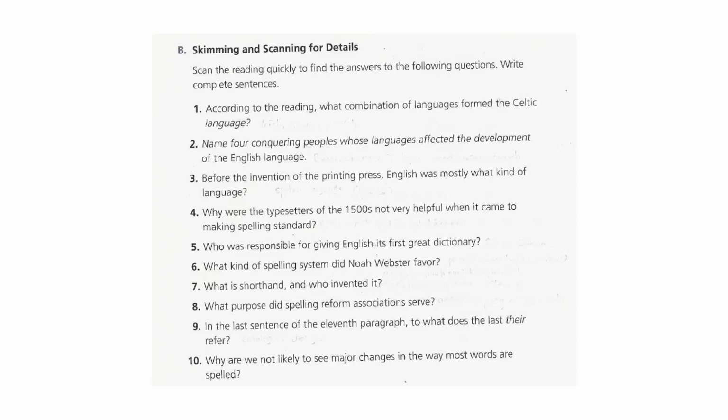So again, in the last sentence of the 11th paragraph, to what does the last there refer? What is that last there talking about? 10. Why are we not likely to see major changes in the way most words are spelled? Why is this probably not going to happen?